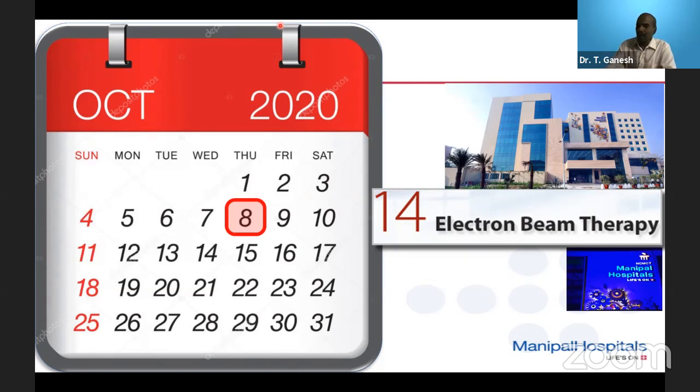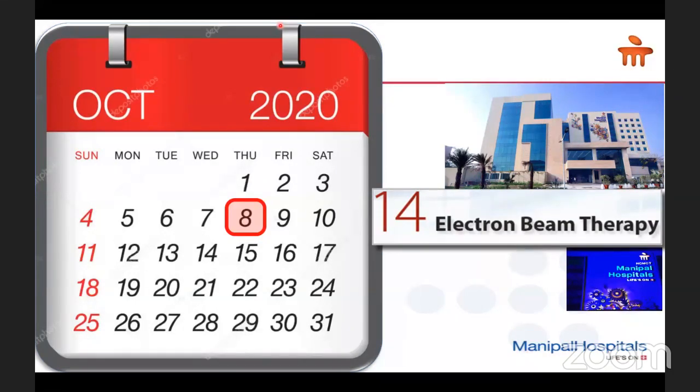If you treat at different SSDs, say 70 or 60 instead of 80, or 90 or 110 instead of 100, no problem, you can do that. The only thing is that you become vulnerable to committing mistakes, right? So that is why we keep the SSD equivalent to the isocentric distance. In that way, the possibility of committing errors becomes less.